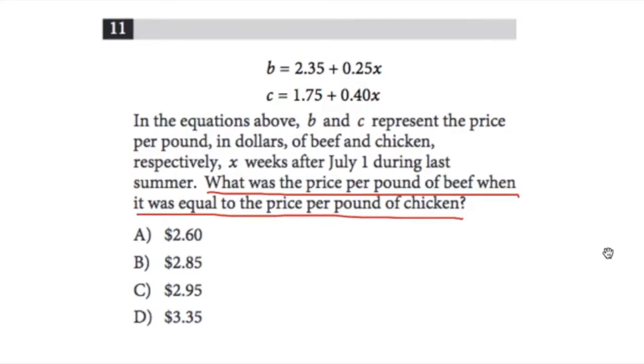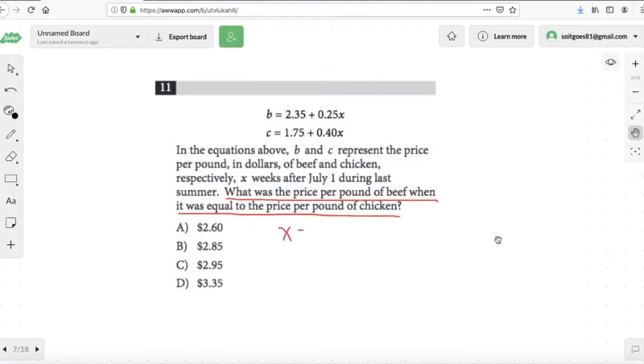So when x is 1, let's set that value. What's the beef price? $2.65. I don't think it's $2.65. Oh, 55. Sorry. Nah, I don't think so. I think it's $2.60. Correct me if I'm wrong. Are you using your calculator? Oh, yes. It's $2.60, right? Because it's $2.35 plus 25 cents. So that's going to be $2.60.